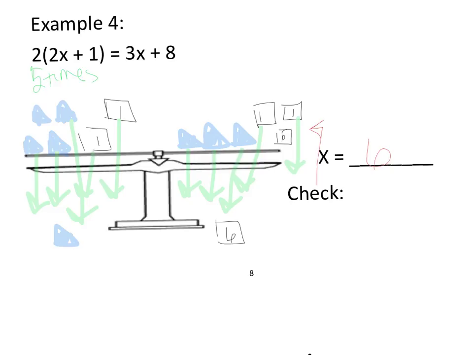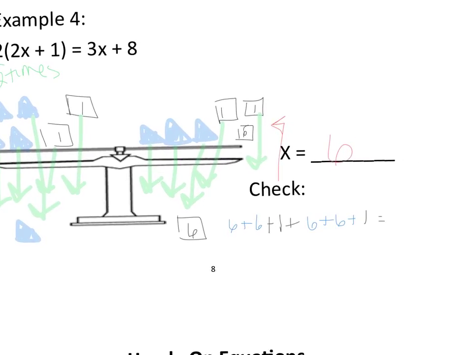Let's go through the process of checking. We said 6 plus 6 plus 1 plus 6 plus 6 plus 1, because we did the 2x plus 1 twice, and it has to equal 3x, which is 6 plus 6 plus 6, plus 8. 6 plus 6 is 12, plus 1 is 13, plus 6 is 19, plus 6 is 25, plus 1 is 26.